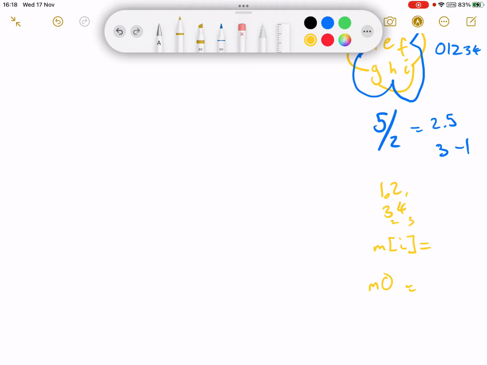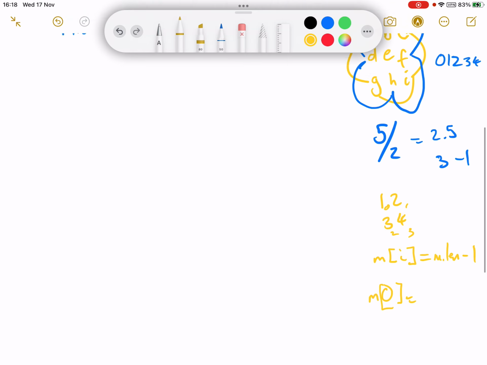Is m dot length minus 1, so m0 is going to now become, go up to the midpoint. Oh, okay.